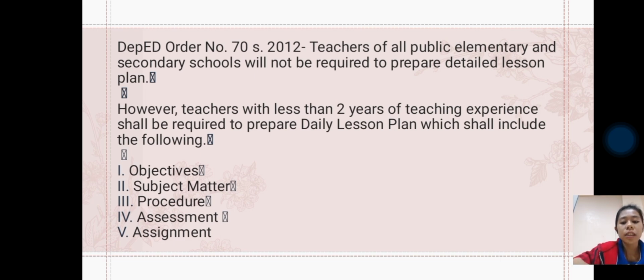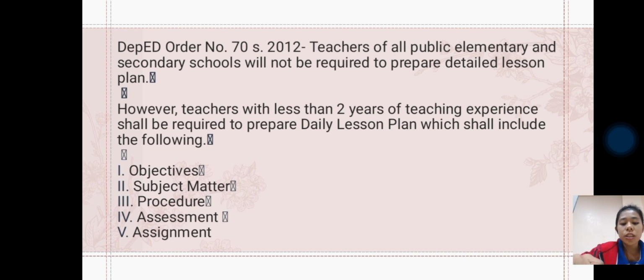When we say objectives, it is the outline of specific learning outcomes that students are expected to achieve during the lesson. They should be clear, measurable, achievable, relevant, and time-bound. Subject matter, what you'll teach in the lesson.